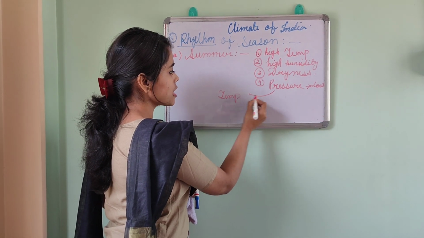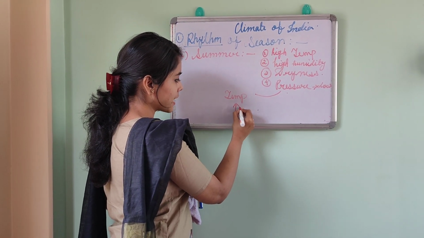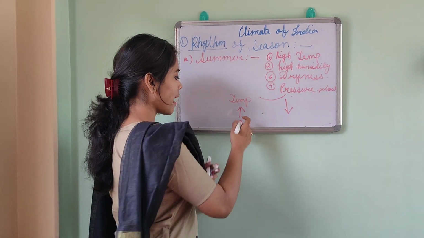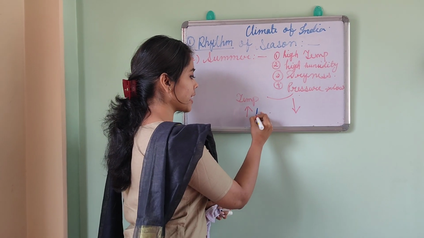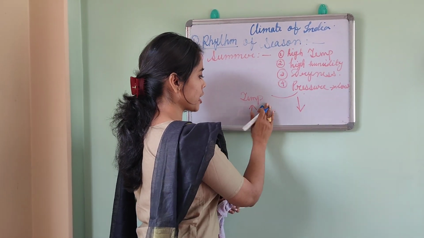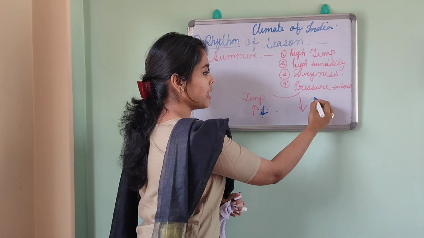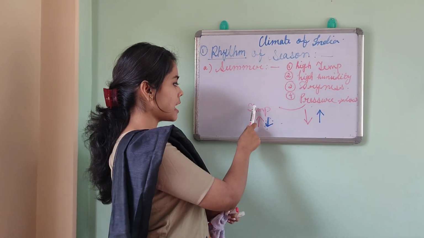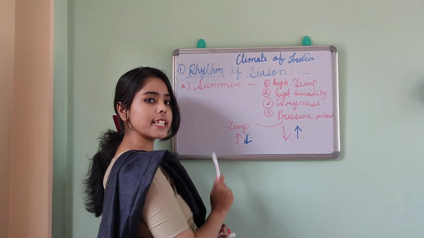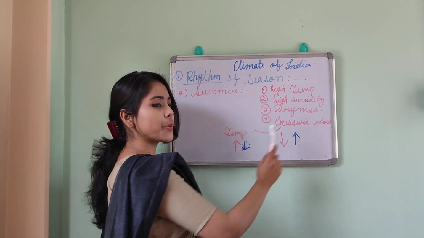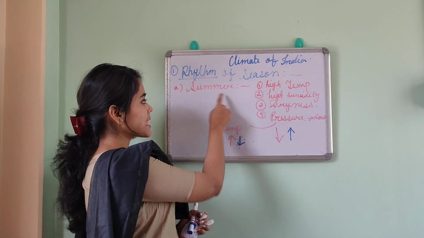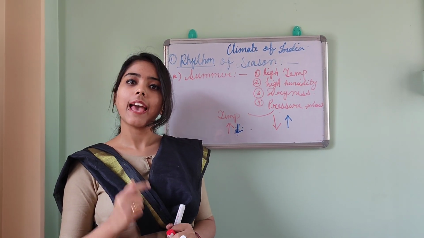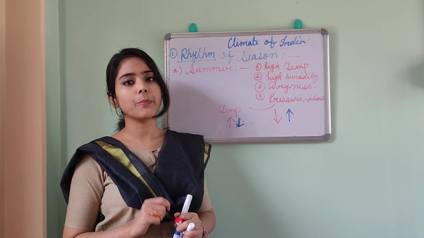When temperature increases, the pressure decreases. And when temperature decreases, the pressure increases. So, in summer season, our land surface experiences huge temperature. That's why the pressure will be low there.